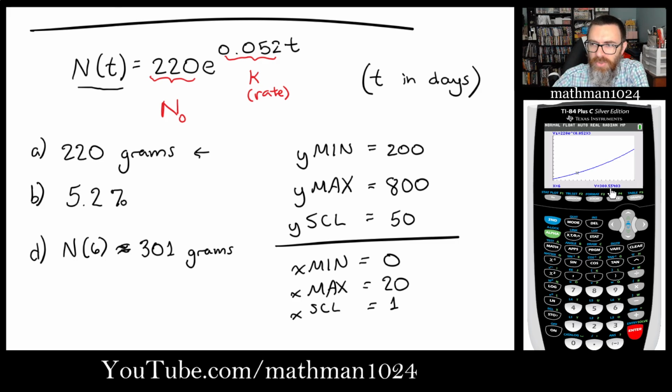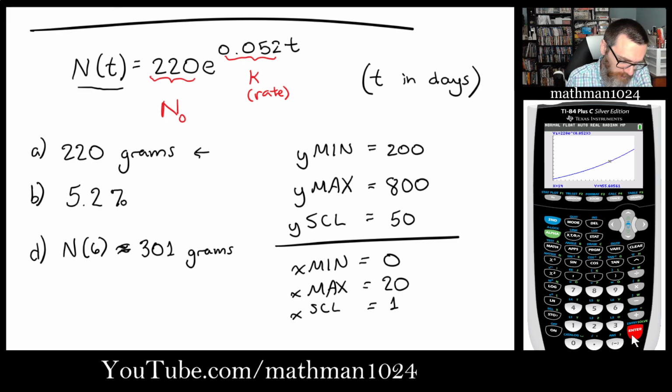And it puts you right there. If you want to find another value, say, what is it in 14 days? It automatically goes there. That way you don't actually have to use the trace button going left and right, because if you do that, you won't be able to land exactly on 14. See, it's kind of on the other side of that. But if I want 14, you type it in, and there you go.